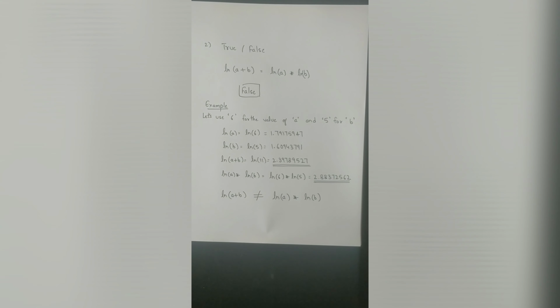So to actually see how this works, we are going to use an example with numbers just to see if it actually works. Here I'm choosing 6 for the value of a and 5 for the value of b. I'm going to put them in a calculator. Once you plug in ln 6, you get 1.79175947.